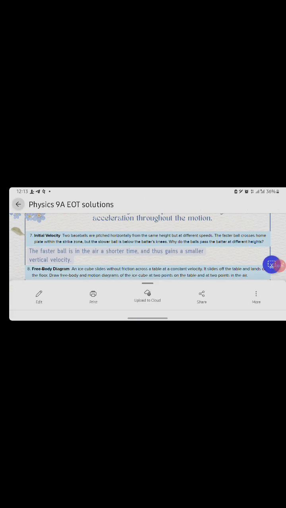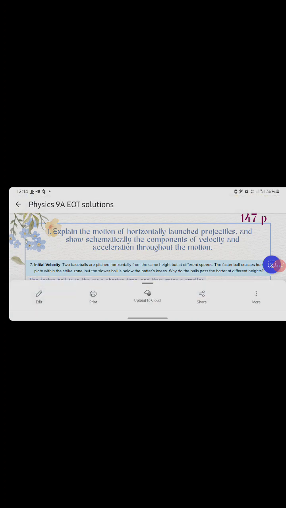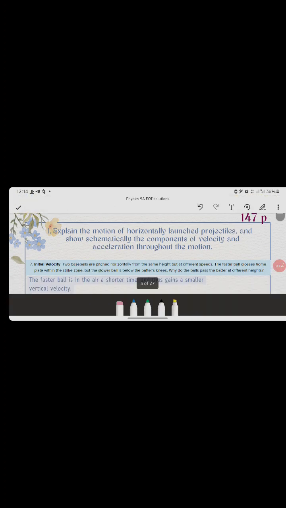Here you can see they are talking about horizontally launched projectiles. I explained to you before that projectiles can be of two types. One is horizontally launched and another is angle launched.